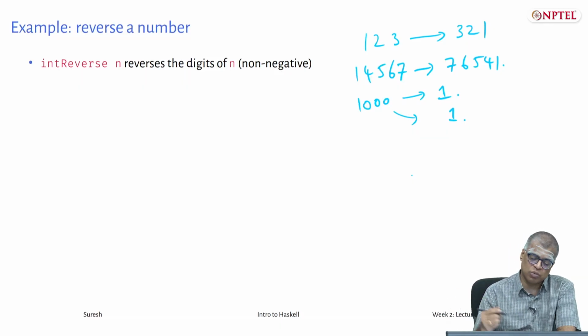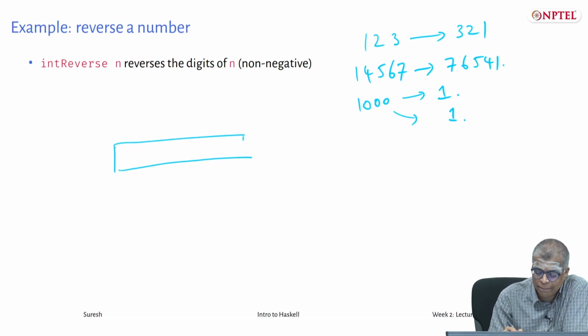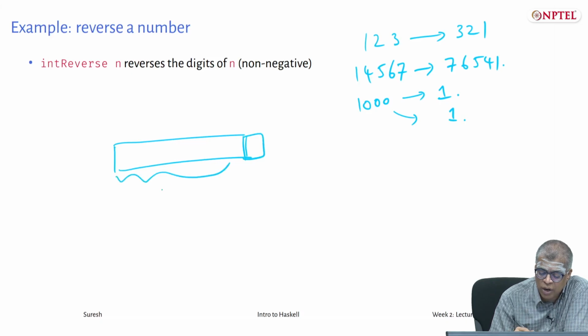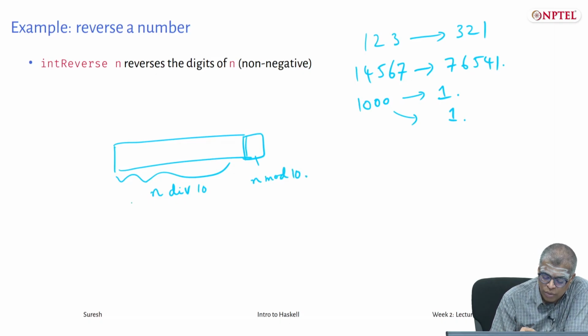How would you do this? Here is one idea. You do n div 10, that is this. You do n mod 10, that is the last digit. Recursively you reverse this.